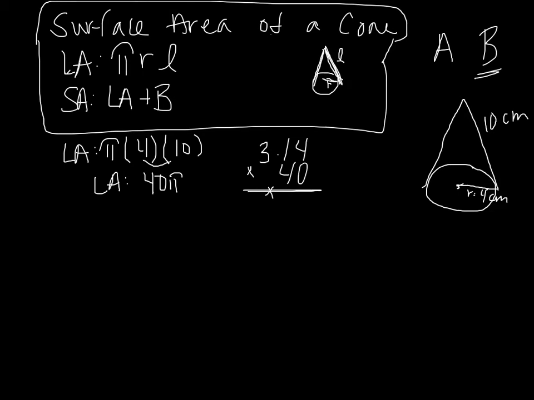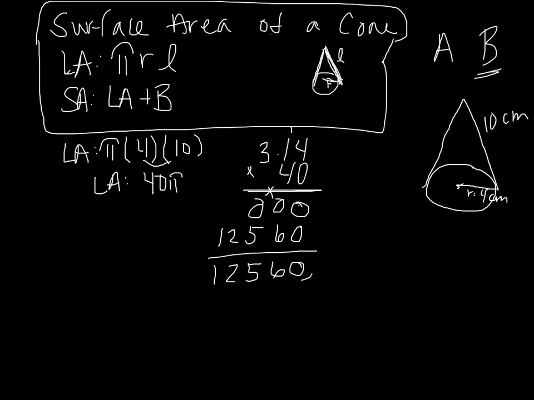Okay, 0 times 4, 0, 0, 0. I'm going to add my 0, and I better write them in. 0 times 4 is 0. 0 times 1 is 0. 0 times 3 is 0. Add my 0. 4 times 4 is 16. 4 times 1 is 4, plus 1 more is 5. 4 times 3 is 12. So I'd get 0, 6, 5, 2, 1.